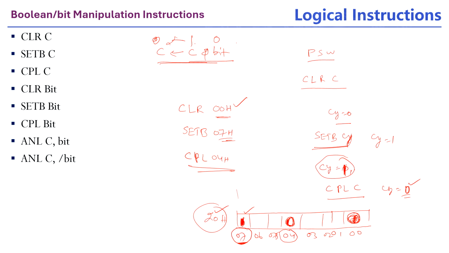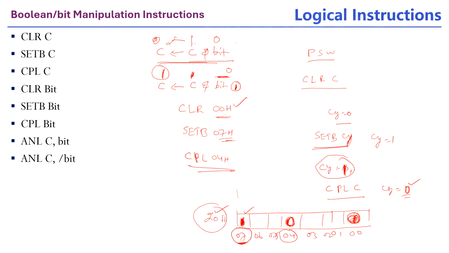Then ANL C comma bit bar. The only difference between these two is that carry is ANDed with the bit inverse. Bit inverse means, suppose the bit is equal to 0, first it is complemented, that means 1. And let us consider that one is already available in carry. The AND operation between 1 and 1 is equal to 1.